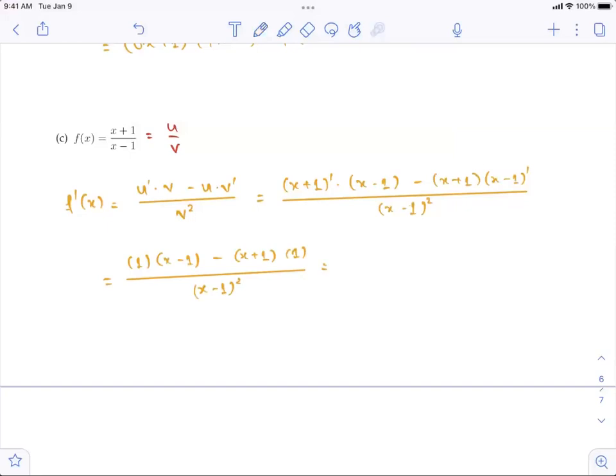Right. Now the numerator here is simple enough for us to simplify. So let's do that. So x minus 1 minus x minus 1 over x minus 1 squared. Right. So you cancel out x and negative x, and you're left with negative 2 over x minus 1 squared.